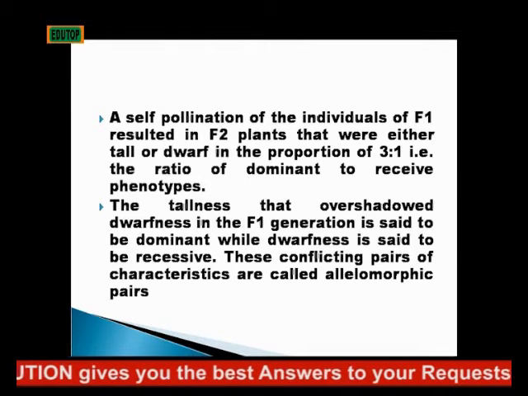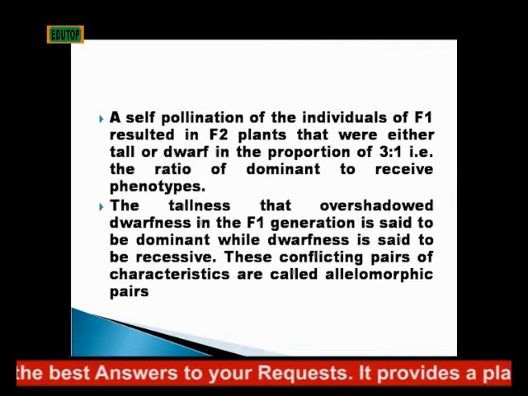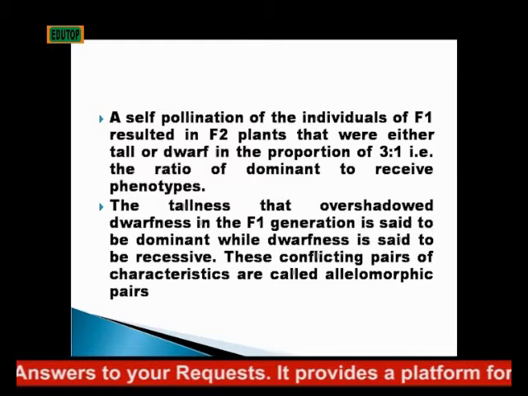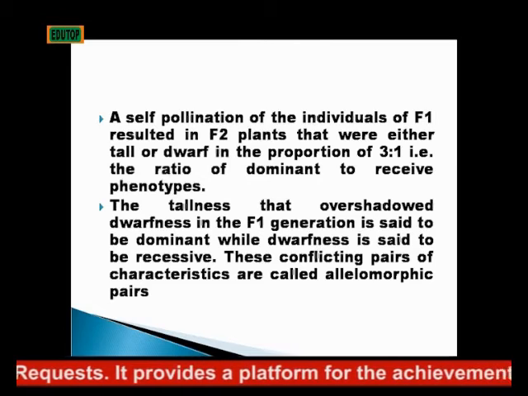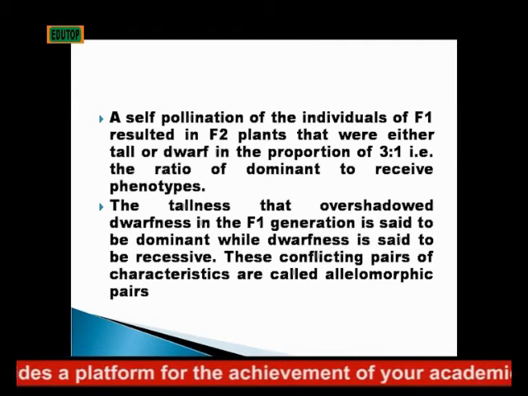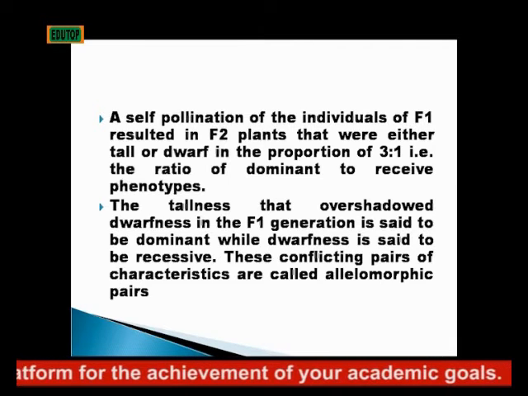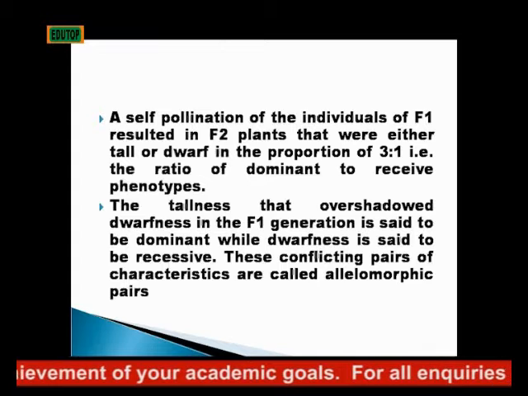That is the ratio of dominant to recessive phenotype. The tallness that overshadowed dwarfness in the first generation is said to be dominant, while the dwarfness is said to be recessive. These conflicting pairs of characters are called allelomorphic pairs.